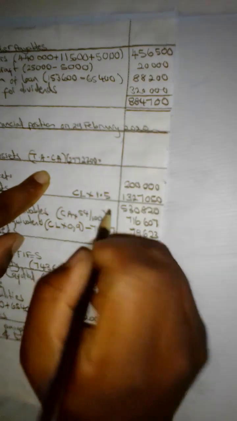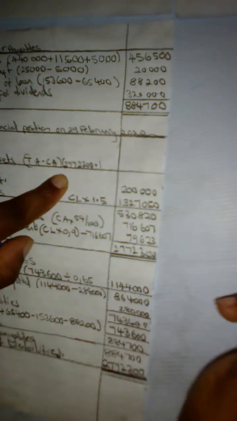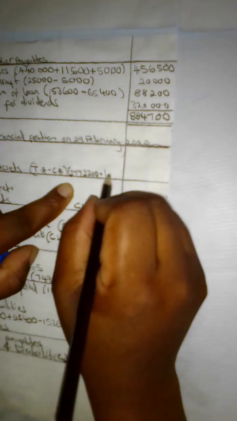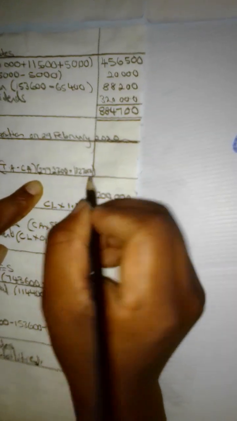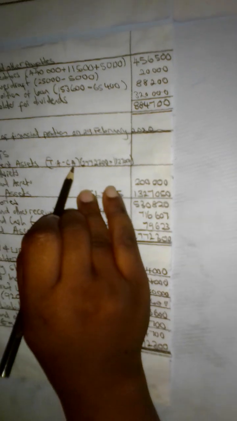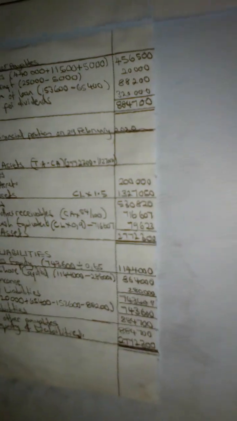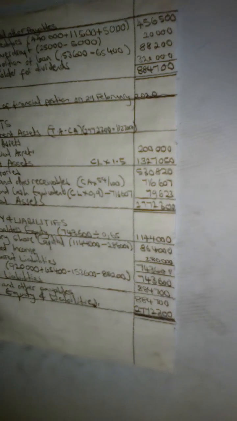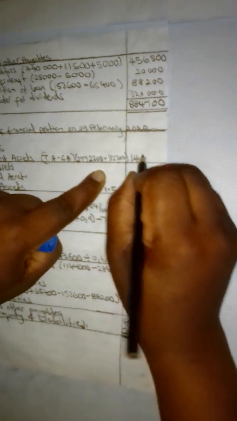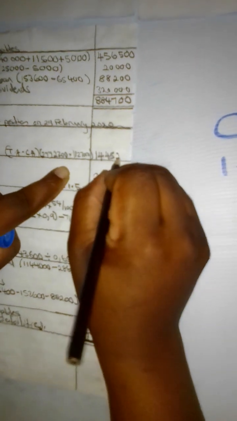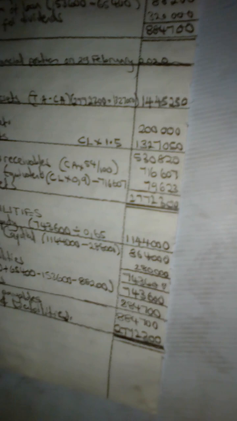Sorry, the amount is a little bit smaller, but remember I said it's total assets minus the total for the current assets. Okay, so we are going to remain with something like 1,445,250. That is the amount for the non-current asset.